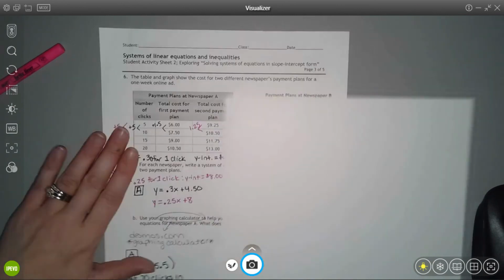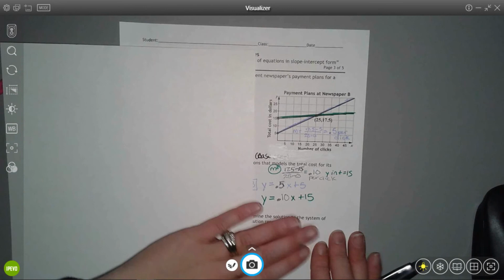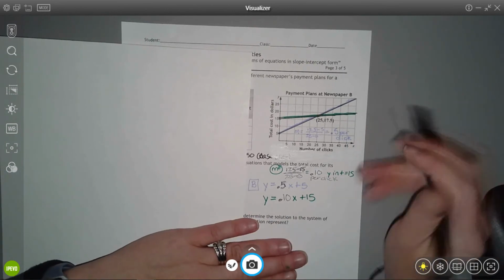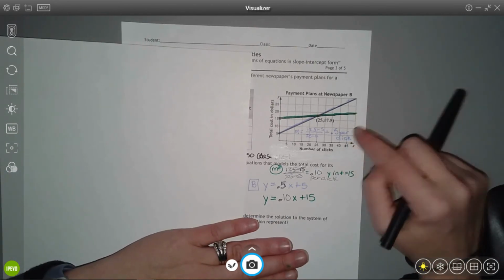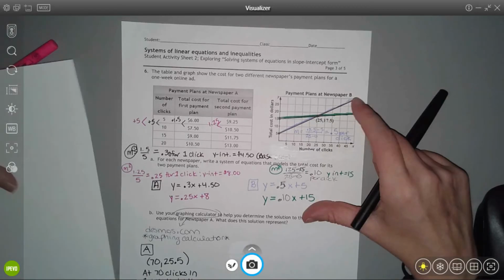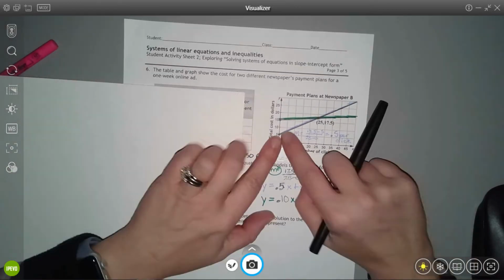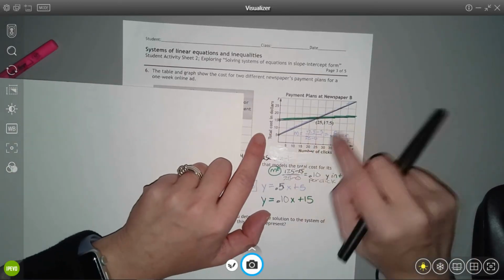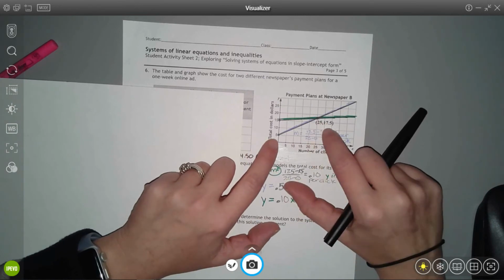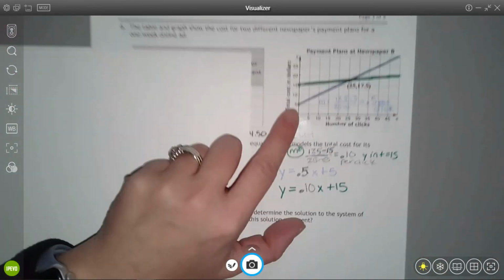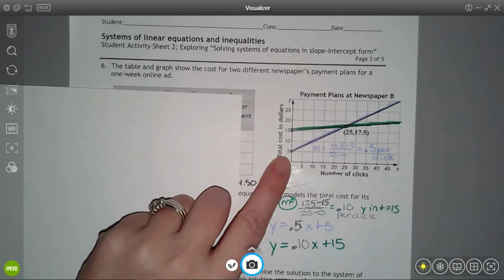Then I came over to newspaper B. I showed my 2 lines here. I have one in green, one in purple. For one option, the first thing I had to do was find the slope. It's kind of hard to see. I'm sorry, I wrote that in such a light color.